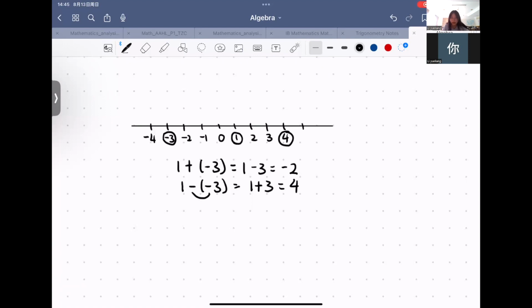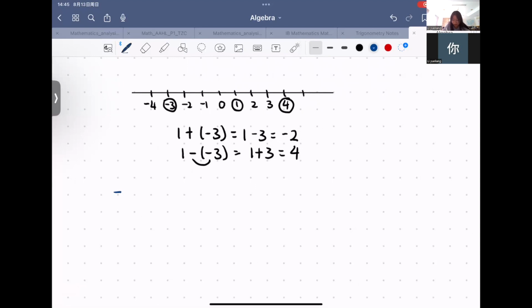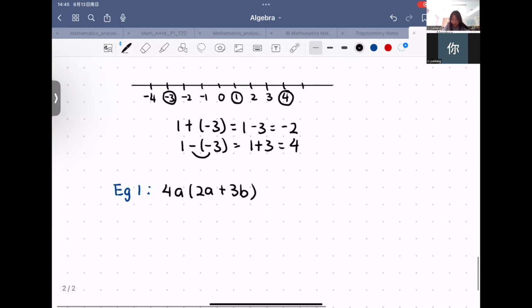And let's work on some basic examples. If we have a question asking you to expand the expression 4a times (2a plus 3b), then what we have here is the expansion of 4a times 2a and then plus 4a times 3b.